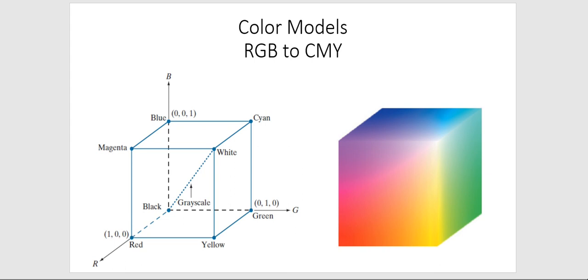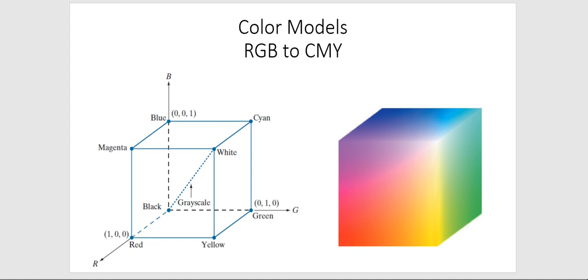Now from RGB, we are talking about a different model here, a mixture of C, M, and Y, which is cyan, magenta, and yellow. So how do we obtain cyan? Cyan is obtained when there is an absence of red, which means that blue takes a high value and green takes a high value, and you get cyan. If you look at the other corners of the cube, we will get a clear idea.